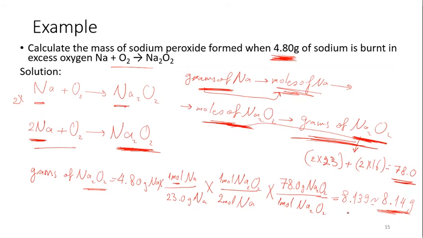Now I have done this in a single step. I want to make sure that I haven't used any wrong conversion factor. So if I cancel my units, I should end up with grams.